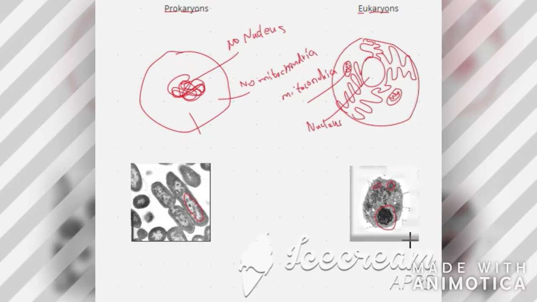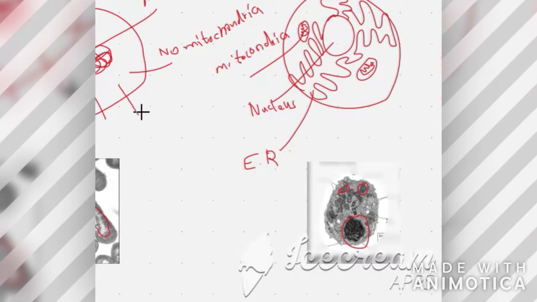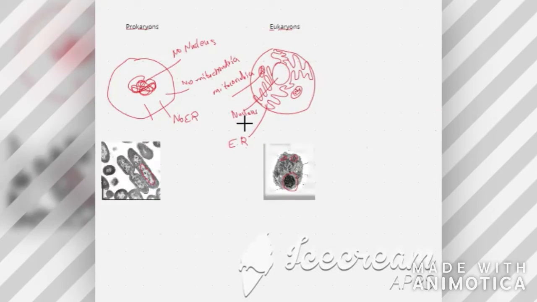This is also a membranous structure that is not present in a prokaryotic cell, whereas it is present in the eukaryotic cell. Endoplasmic reticulum is also abbreviated as ER. So in a prokaryotic cell there is no ER. In a eukaryotic cell there is ER.